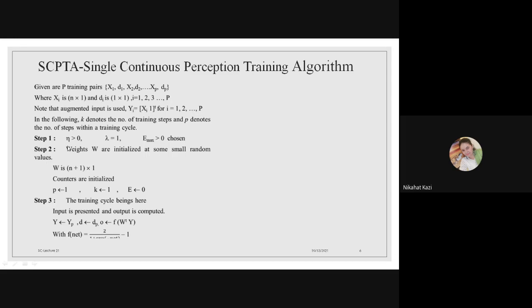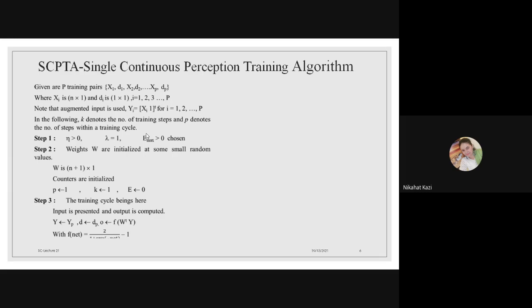And then of course you have to choose your learning rate. And there is one quantity called the error threshold that you need to select. So when do you stop the training? In the single discrete perceptron training algorithm, you stop the training when the error becomes 0, because that is a discrete neuron.